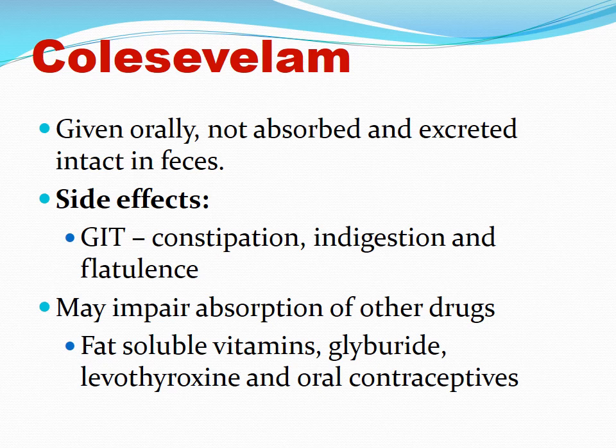Side effects: it may cause local gastrointestinal effects, which include constipation, indigestion, and flatulence. It may impair absorption of other drugs such as fat-soluble vitamins, glyburide anti-diabetic drug, L-thyroxine, and oral contraceptives.